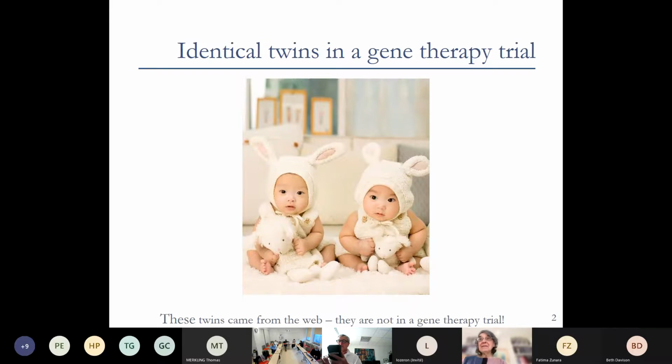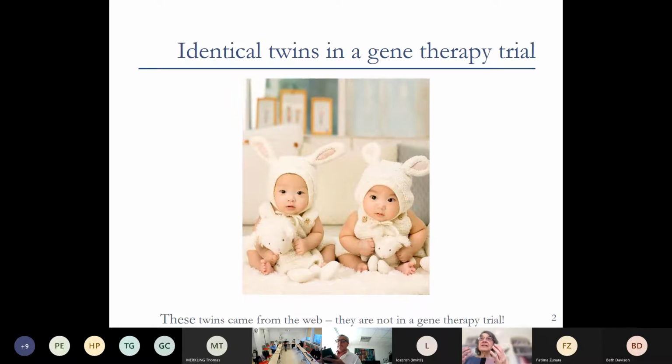But my concern, which of course was a very big part of my concern, but whether the decision was made to randomize them or to give them both the same treatment, we basically had two people who were so genetically close to each other that whatever results you got in one, you were very likely to get in the other.